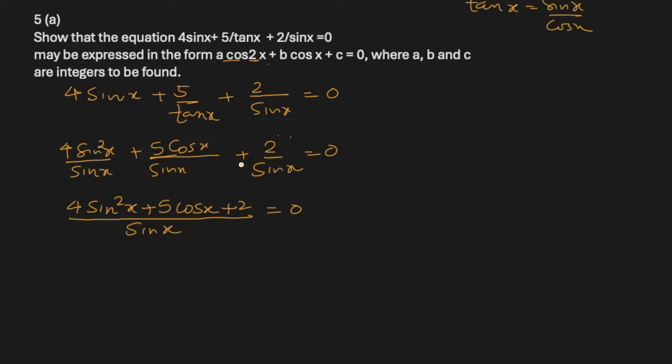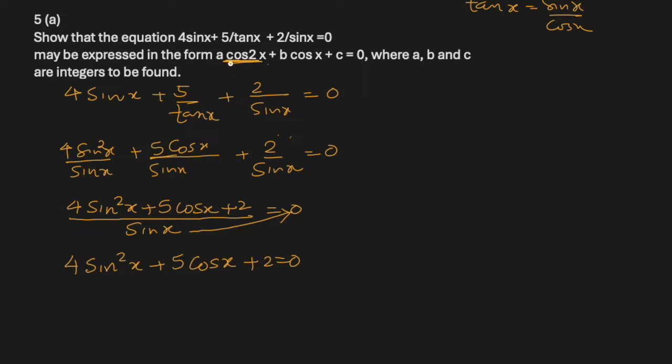Combine all three because of the denominator. Now this sin x goes and cross multiplies with 0 and becomes 0. There is no need, so we are left with only 4 sin² x plus 5 cos x plus 2 equal to 0. And this is what they were asking.